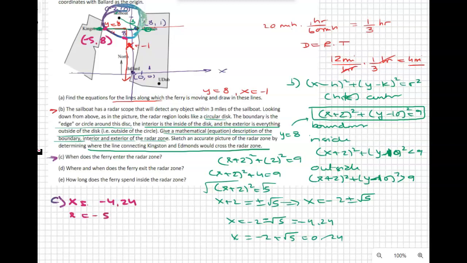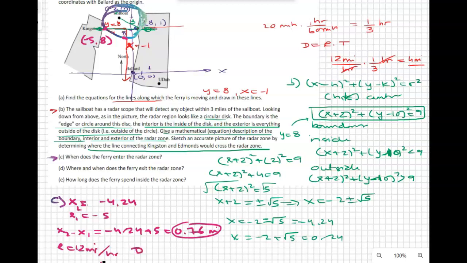So this is negative 4.24, and it started at x equals negative 5. The distance between these, x1 and x2, is x2 minus x1. Negative 4.24 plus 5 gives me 0.76. So that's the distance it covered, and I know it's going 12 miles per hour.